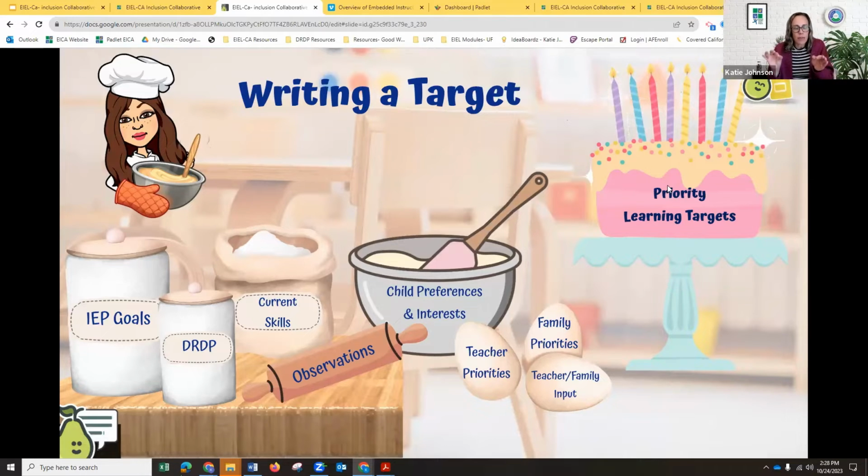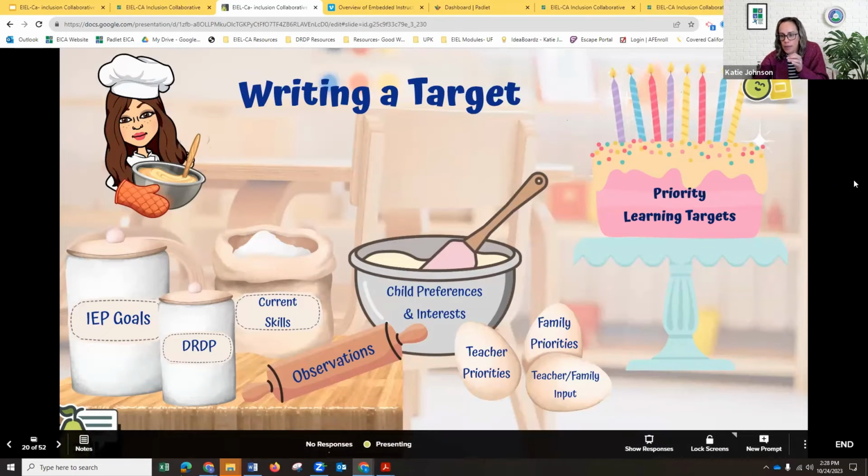So I want you to take a moment in the chat to think about what you see as the most important or some important ingredients here in this cake. What really stands out to you when we look at these different pieces that we want to know information about to figure out what we're going to teach the child?